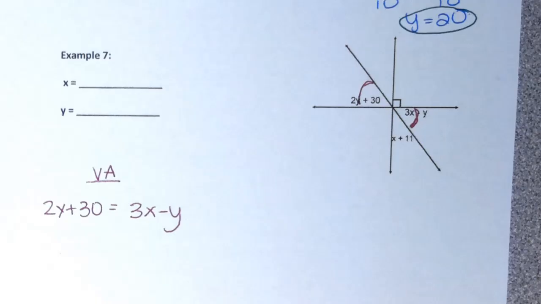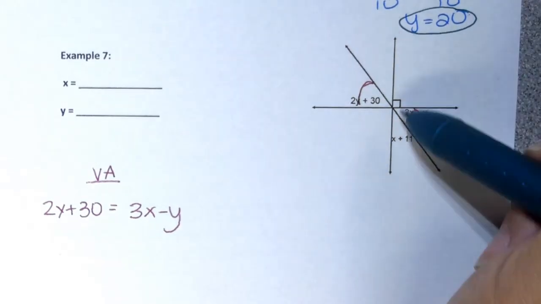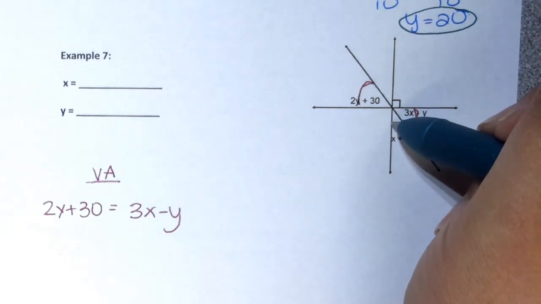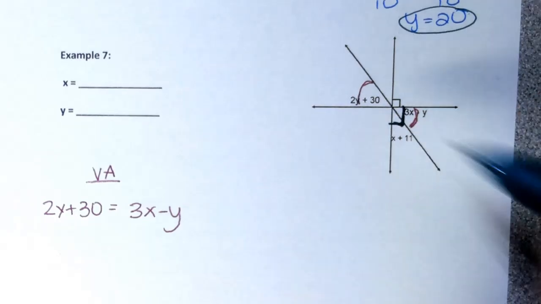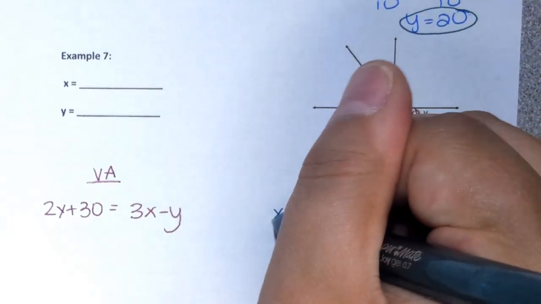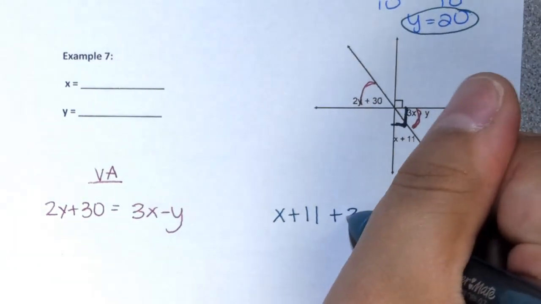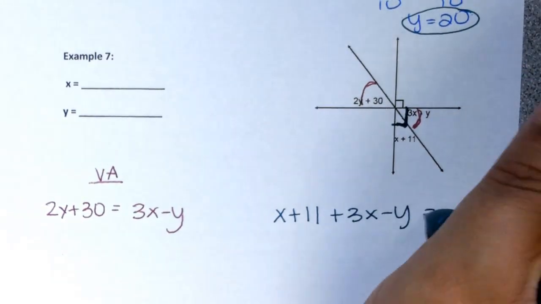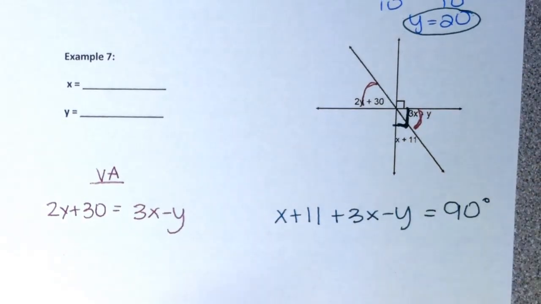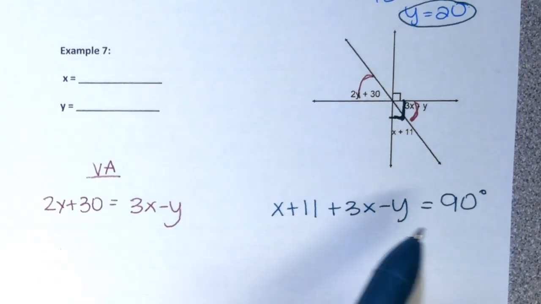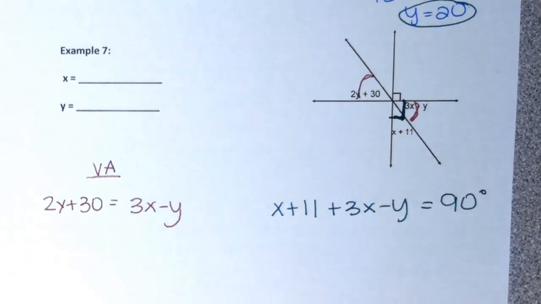What's another equation that I know? I wouldn't use 2y plus 30 again. Do y'all agree those 2 equal 90? Yeah. I'm going to do that. x plus 11 plus 3x minus y equals 90 degrees. Do y'all agree with that? Okay. You could have also done this plus 90 equals 180. That would also work. Either one.